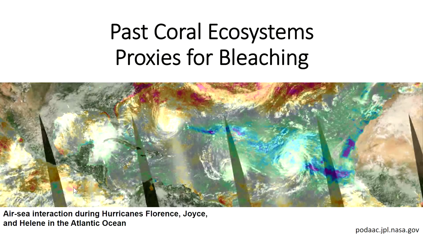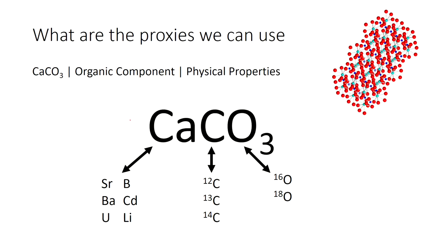Hopefully you've seen some of the other videos in this series where we've looked at other proxies, based on the chemical or isotopic composition of the calcium carbonate skeleton, or looking at the organic components, so maybe looking at the carbon isotopes or the nitrogen isotopes in the organic material that's trapped inside that calcium carbonate skeleton.